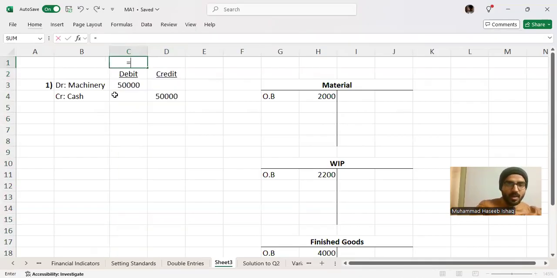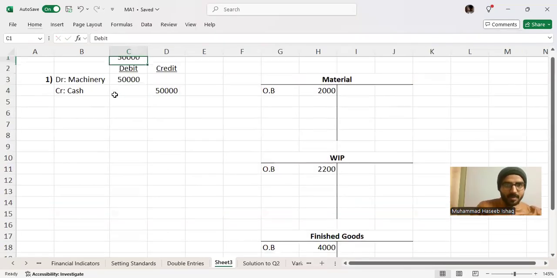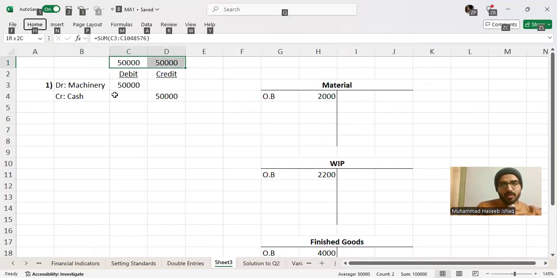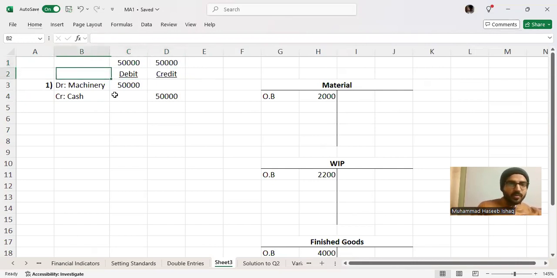Yeah, right. We can just put a formula for it. So debit must be equal to credit. The value of the debit must be equal to the credited value. That is why I have just put in a check here, so we don't make a mistake. So let's move to the other transactions.